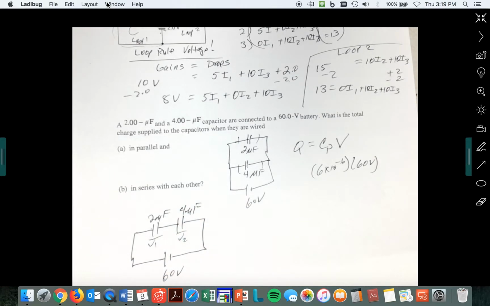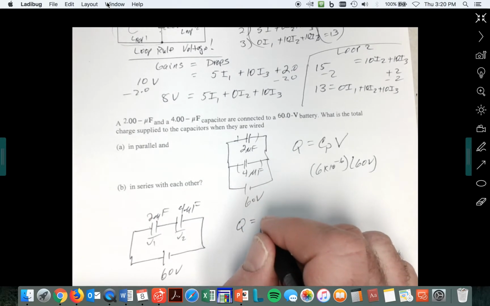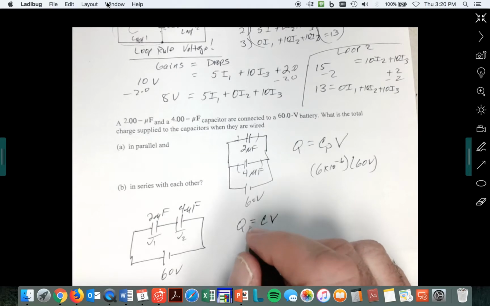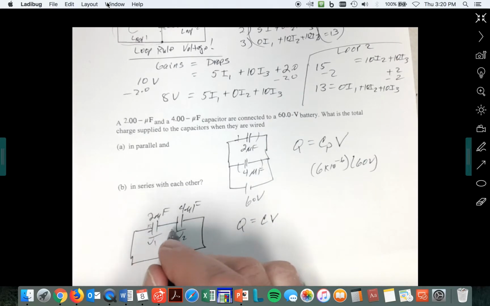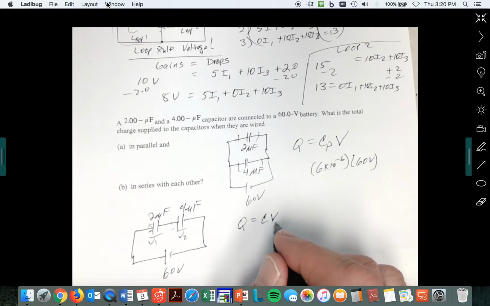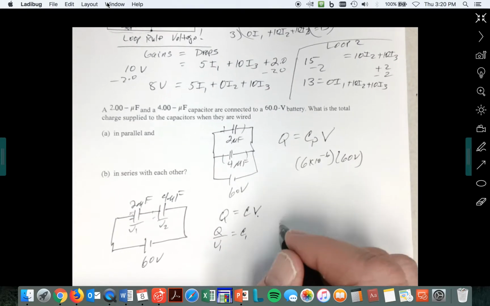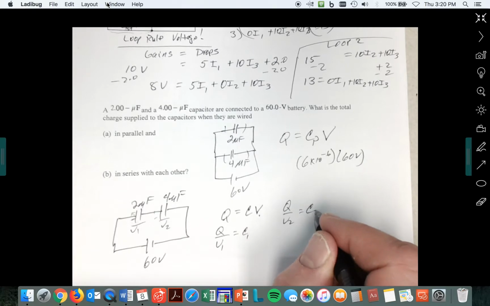Since charge Q is equal to C times V, and the V's aren't the same, what is going to be the same on both of these is the charge. So Q is going to stay the same, but the V is going to be different. So we get Q over V1 is equal to C1, and Q over V2 is equal to C2.